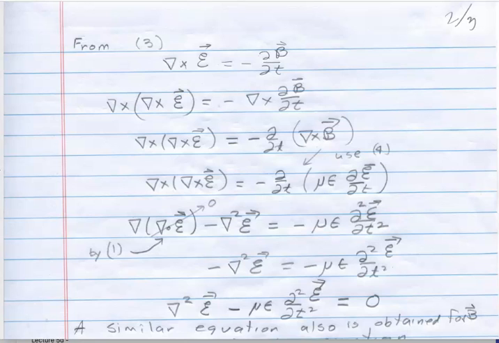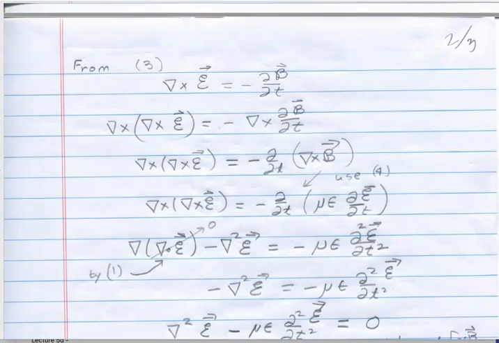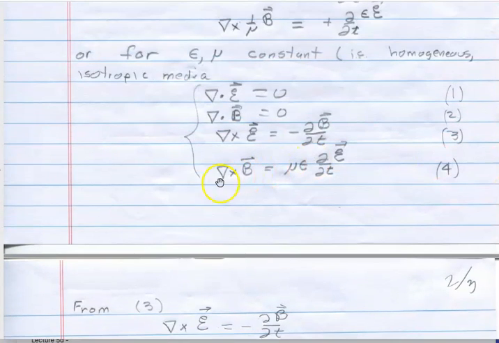You can do a similar kind of calculation for the magnetic field. For it, you would take the curl of 4 on both sides and then use 3 to eliminate the curl of E on this side, and then do the same expansion of the curl of B, and use that the divergence vanishes.